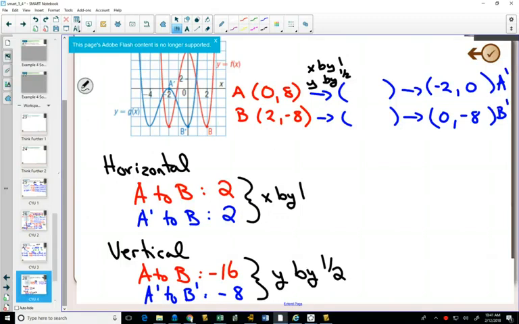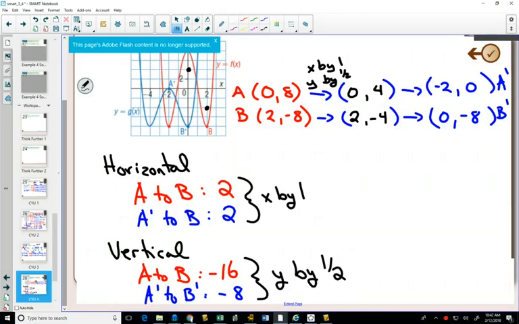You could say, I now know that my x values aren't changing, so this will be 0 and this will still be 2, but my y values now will be 4 and -4. And I'm going to draw those points on my graph temporarily. So I've got (0, 4) and (2, -4). That's what's happened so far.